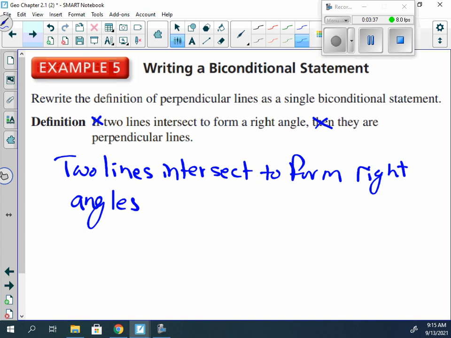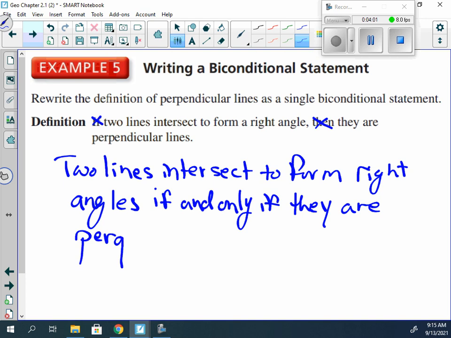Have we changed anything so far? Well, no, we dropped the if. But two lines intersect to form right angles if and only if they are perpendicular lines. Two lines intersect to form right angles if and only if they're perpendicular lines.